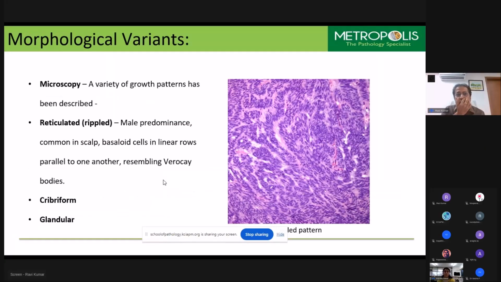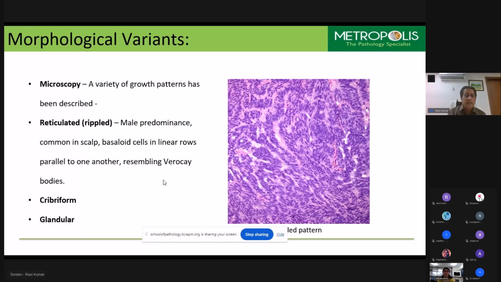Now there are some morphological variants which you can see. Maybe reticulated, a variant where you commonly see, in the scalp, basaloid cells in linear rows parallel to one another, resembling the varicose bodies of neural lymphoma. Sometimes, in a hurry, you may make a diagnosis of neural lymphoma itself.